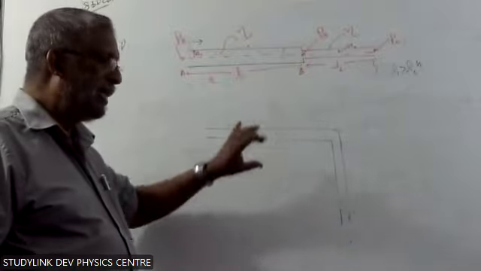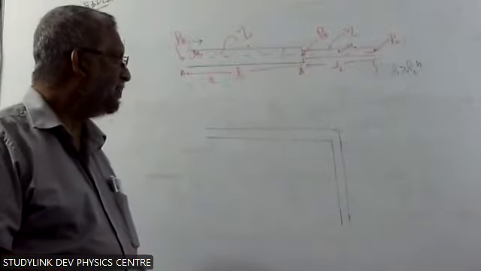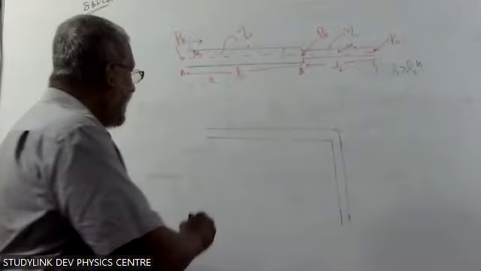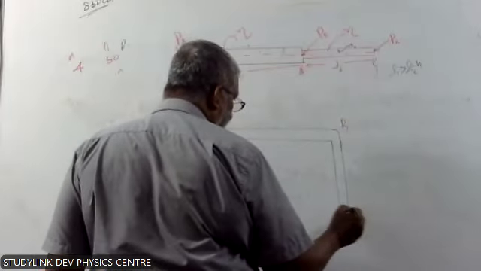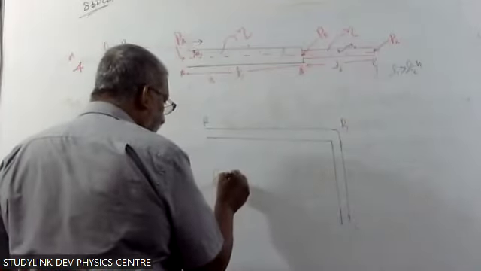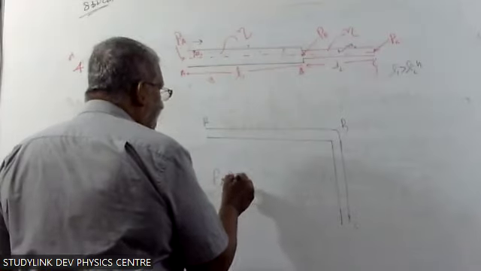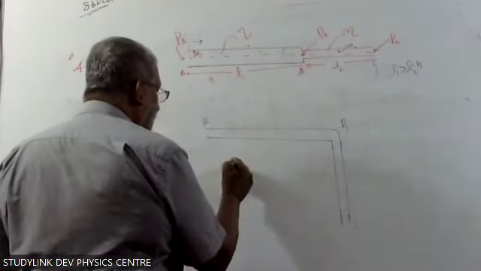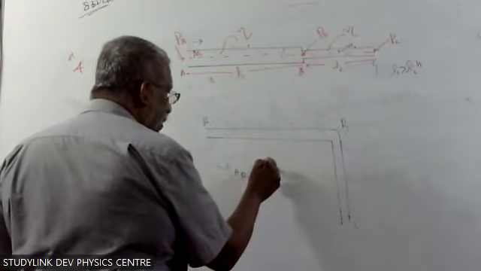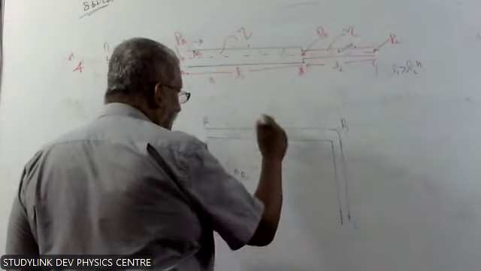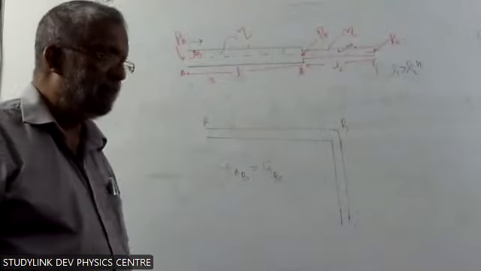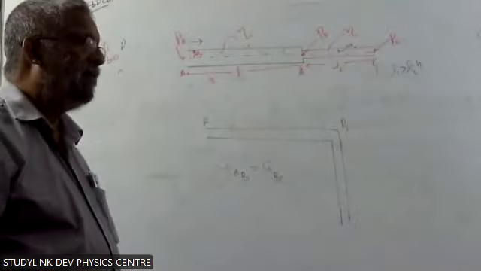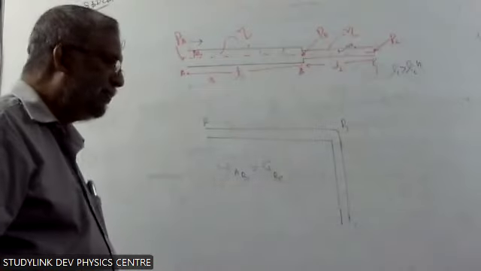This is not exactly correct, but we apply it. That means this is A, this is B, this is C. Here also PA minus PB, right? So Q AB is equal to Q BC. The same theory can be applied. Not the discussion I'll do.